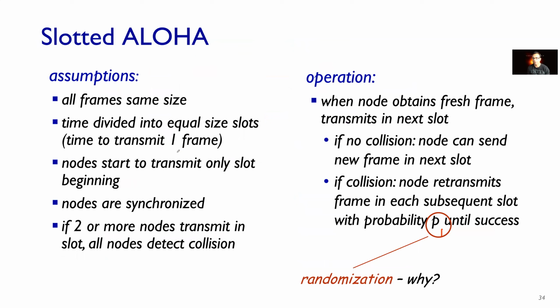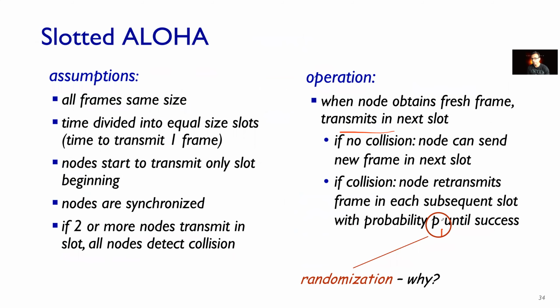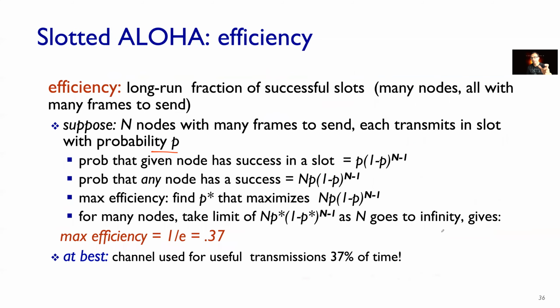As we said, the first time a node wants to transmit, it always transmits, so the first transmission is with probability 1. There's no probability there. However, later, if there's a collision, then yes, a node transmits with probability P, right?